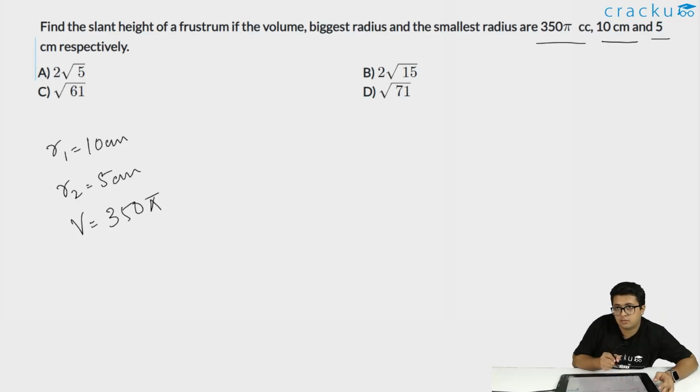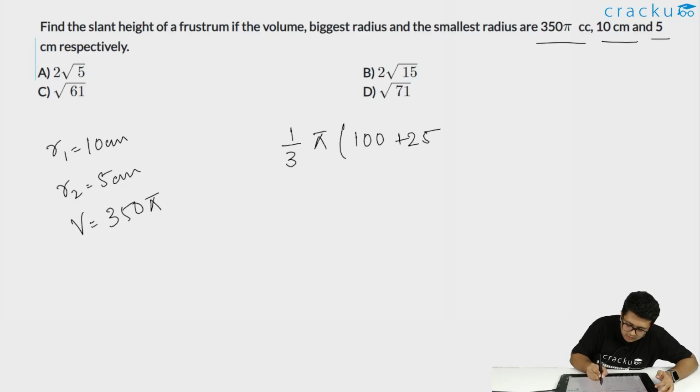So recalling the formula for volume of the frustum, it would be 1 by 3 pi into r1 square, which is 100, r2 square, which is 25, plus r1 into r2, which is 50. This is equal to 350 pi. Cancelling out pi on either side, this would be 175 by 3.